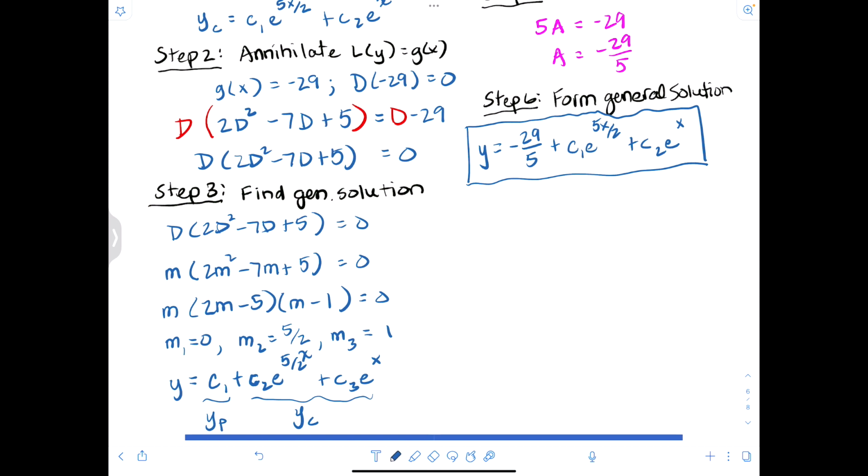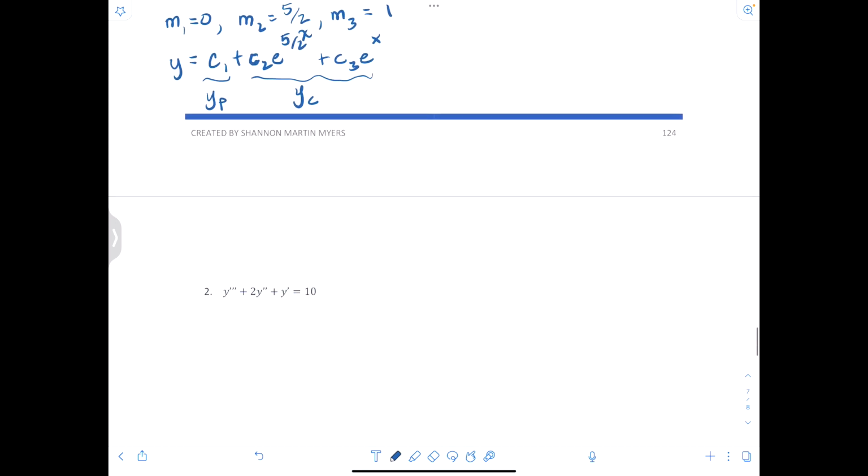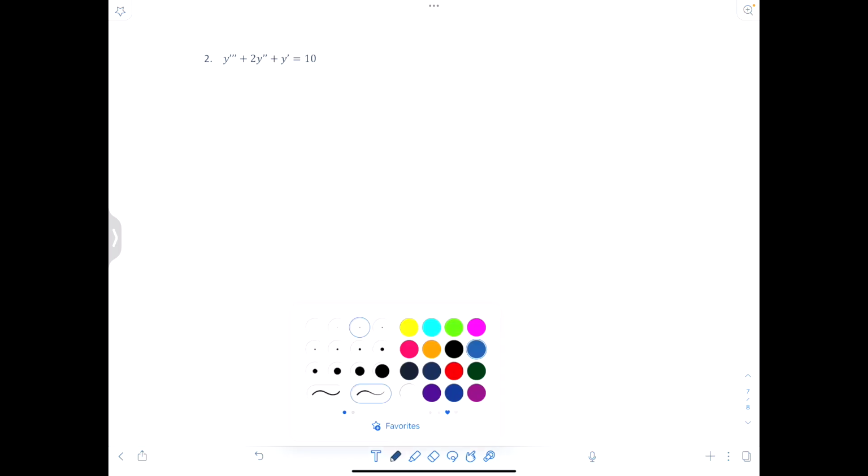All right. So let's take a look at another example. So again, step by step, right? Step 1 was to solve that related homogeneous equation.